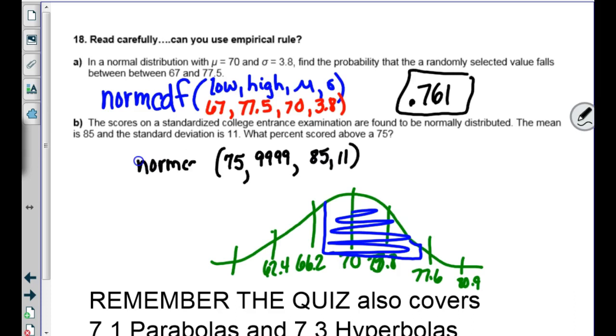Somebody tell me what you get so I don't have to type that one. 75 and up. The mean was 85, standard deviation was 11. Yeah, 0.818 sounds great.